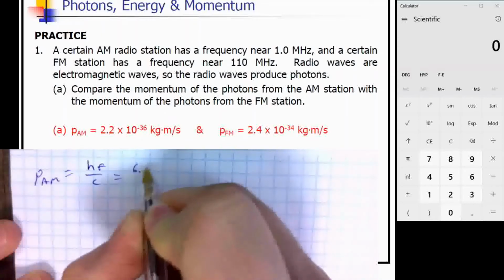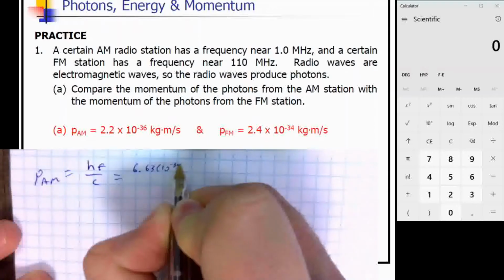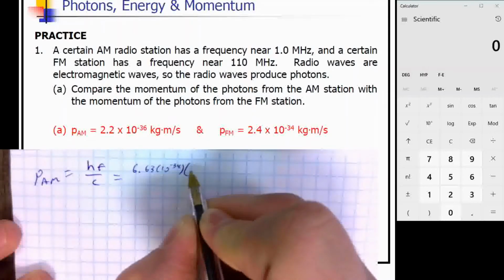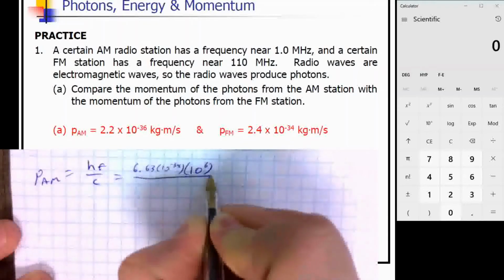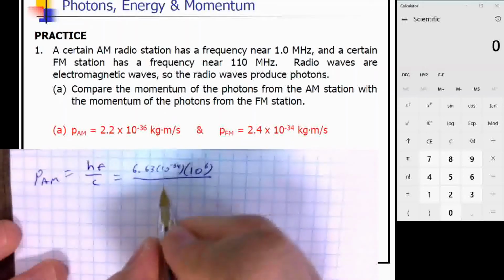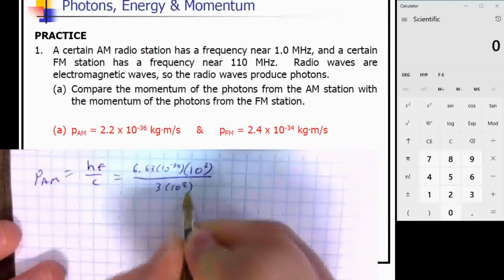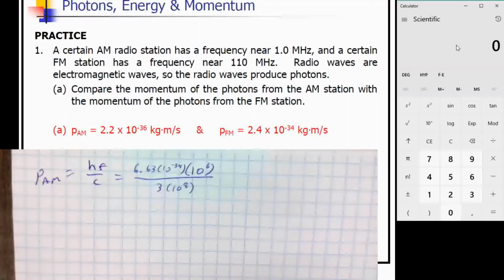In this case, it's going to be 6.63 times 10 to the negative 34. F is 1 megahertz, so I'll just put 10 to the power of 6 over c, which is 3 times 10 to the 8. I'll just do the 1 and let you end up doing the others. 6.63 times 10 to the power of negative 34 times 10 to the power of 6 divided by 3 times 10 to the power of 8.